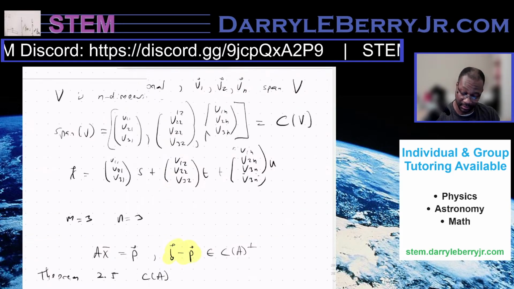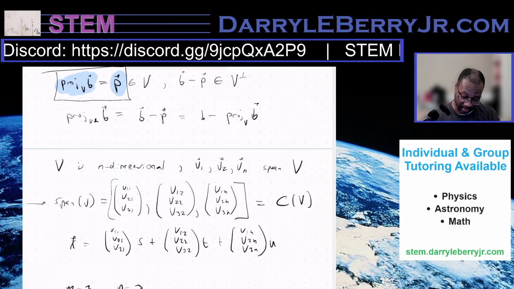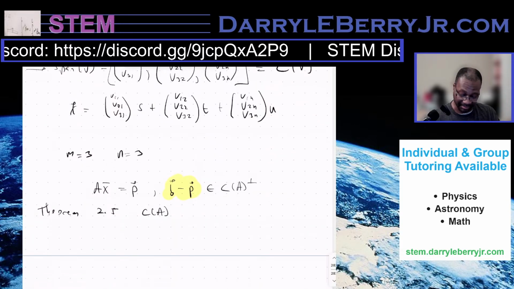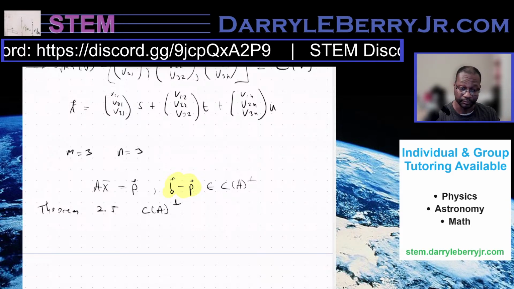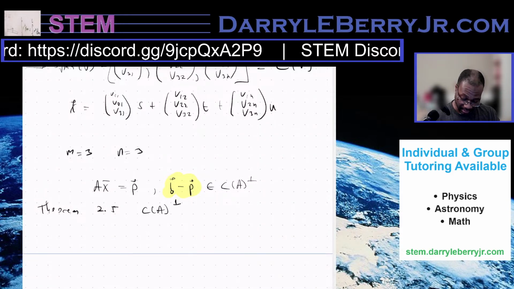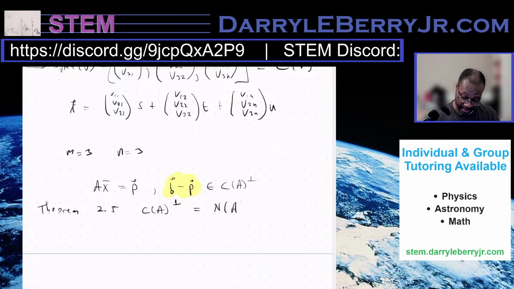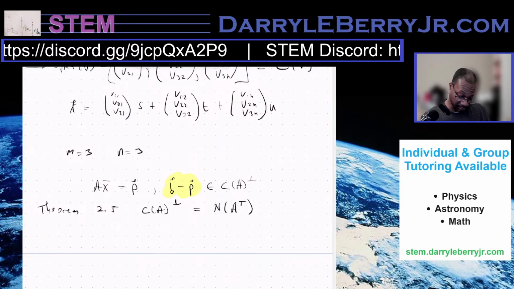So just taking the vectors of the matrix in question, and they span that space because that's where we get the matrix from. Perpendicular to that equals the null space of the transpose of a matrix.